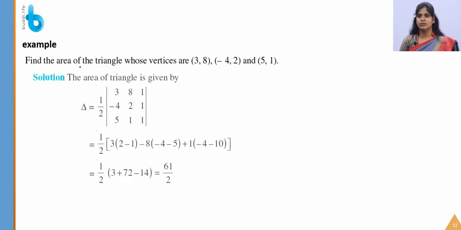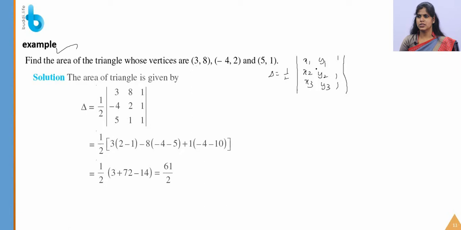Next, find the area of the triangle whose vertices are (3, 8), (-4, 2) and (5, 10). We will solve an example for applying the area of a triangle. What is the formula? The area is given by the determinant, 1 by 2 into the determinant of x1, x2, x3, y1, y2, y3, 1, 1, 1.